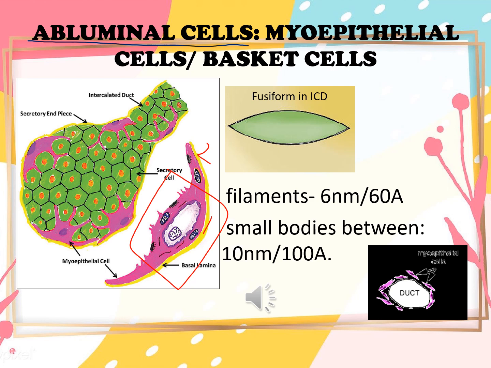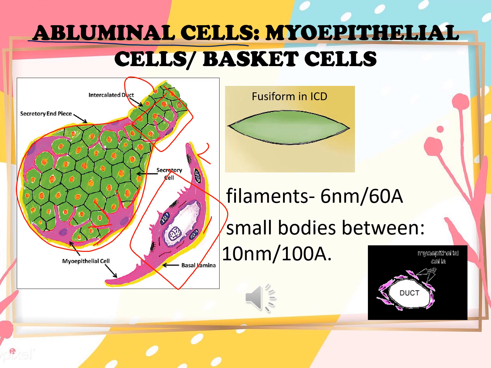When it is seen in association with the secretory end pieces, it gives a very smooth outline because the cytoplasmic extensions run deep into the grooves of the SNR cells. But when seen in association with the intercalated duct, the cytoplasmic processes are very few in number. Hence, they don't extend deep into the ductal cells and look as if they are sitting on top of the intercalated duct, and hence give a bulgy appearance to the intercalated duct.